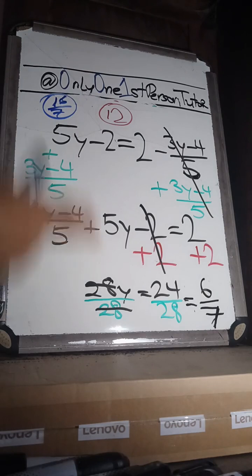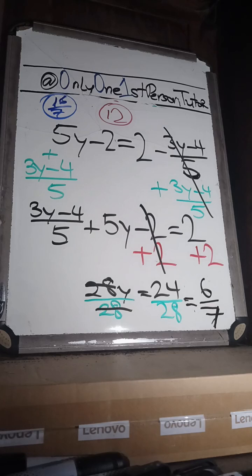Now, what happened when I put that over there? Alright, so let's do this. We have 18 over 7. That's interesting. 18 over 7 minus 28 over 7.